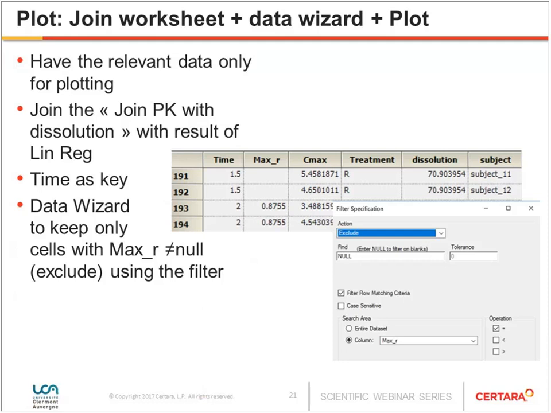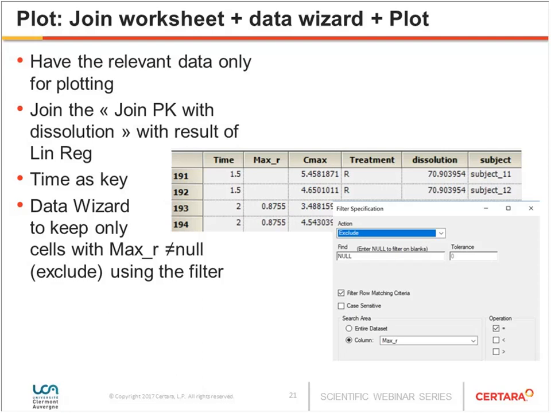Again, you are going to use join, data wizard, and then plot. You are going to use the join. That means you are going to join the results of the NCA, that means the Cmax, which is the maximum R, and the time to have it, with, for example, the join data between the Cmax and the dissolution.